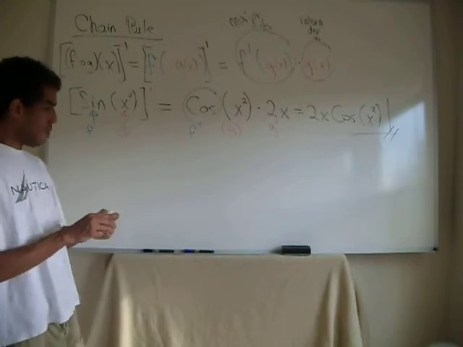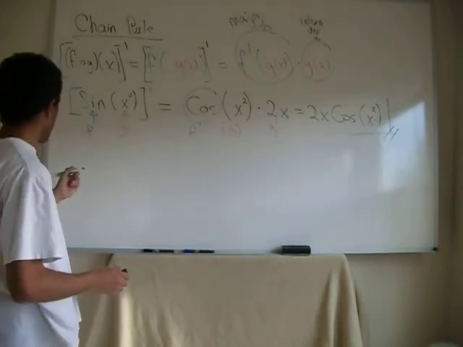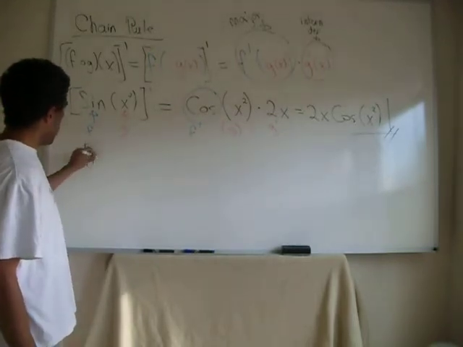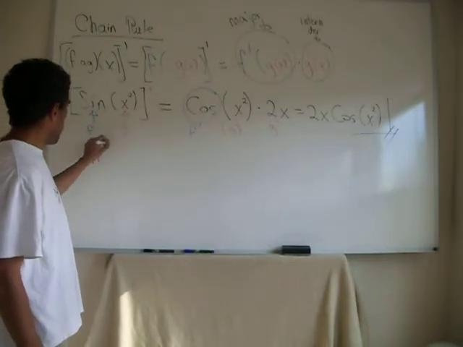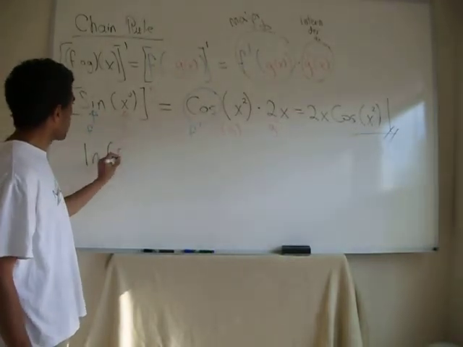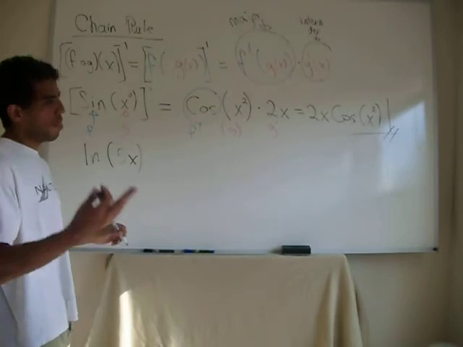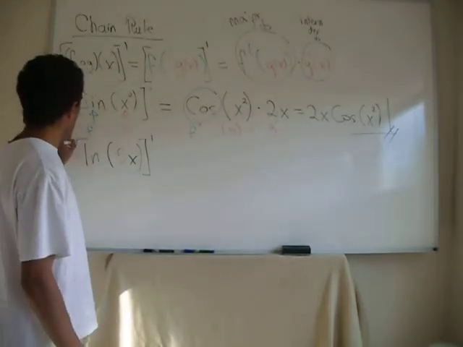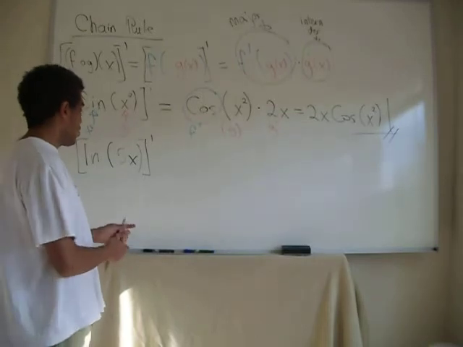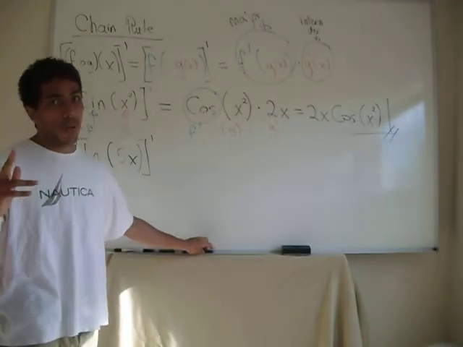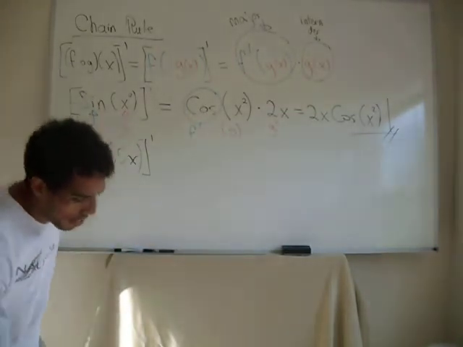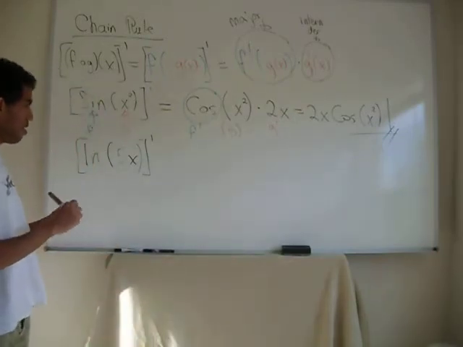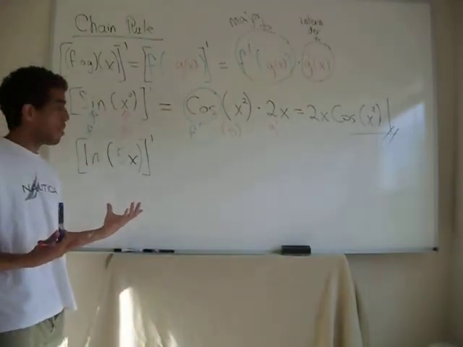Let's do the second example, which, if I correctly recall, was the natural logarithm of 5x. Find the derivative of this. Again, we find the order of what's happening with x.